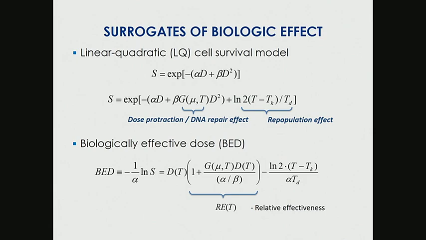The reason that the BED is used more often is that when cell proliferation can be ignored, and when repair is absent, then the BED is related to the dose by a ratio of alpha to beta instead of 2 independent parameters. And it can be used to compare the relative effectiveness of different treatment techniques, and it can be used for iso-effective calculation.